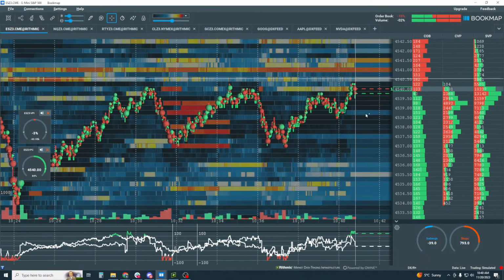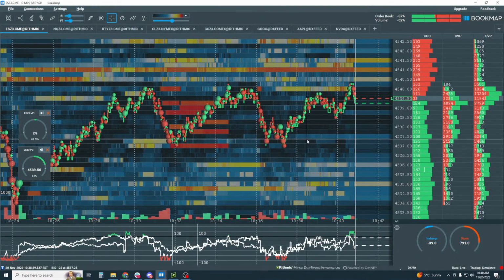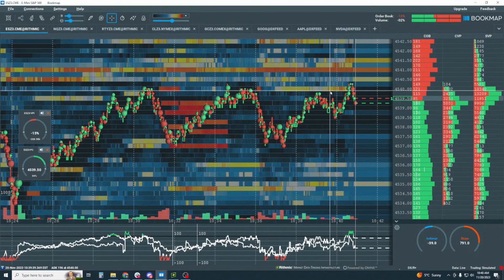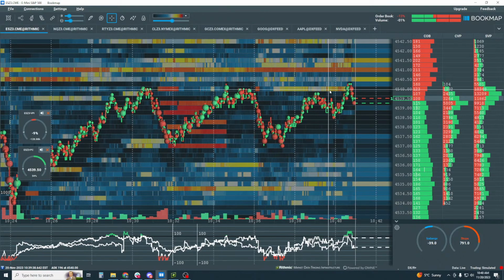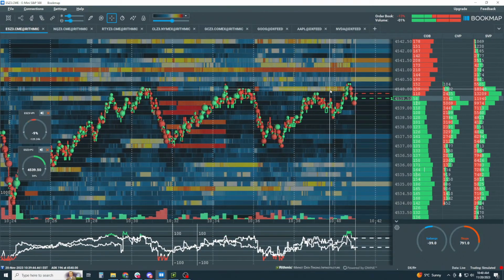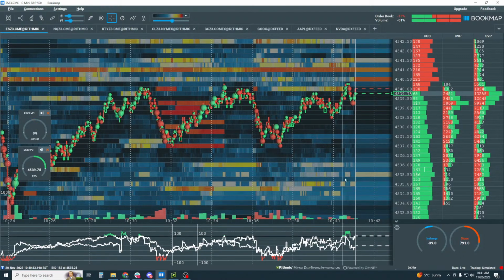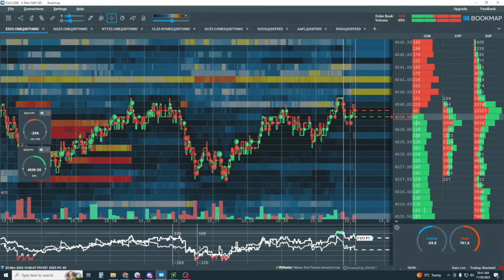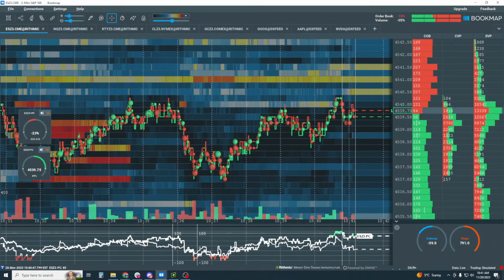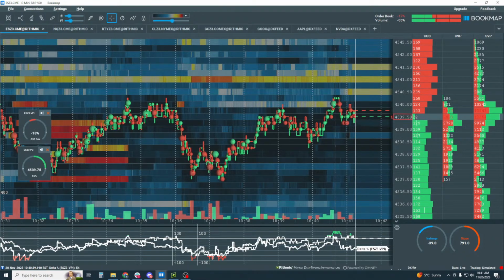But anyway, you can see our move up to 40 has unfolded, and we got an extreme reading almost on both of them here. It was just volume pressure, no price change, just price change. The volume pressure came kind of close here, but not close enough.